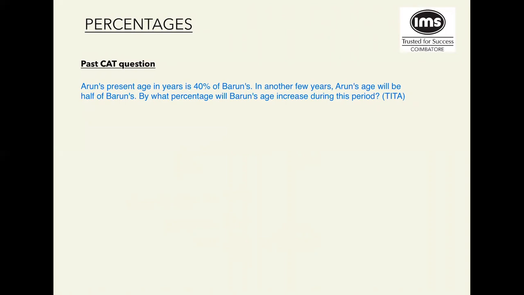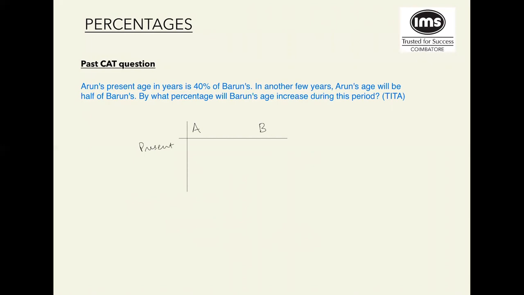All right, let's just jot down all information that is given and figure out how to find out the unknown. So what we have is Arun's age and Barun's age. That's what is given. And we have two time periods. One is the present age.